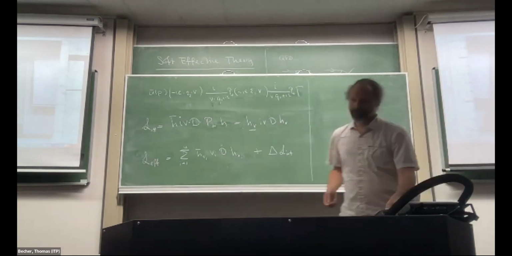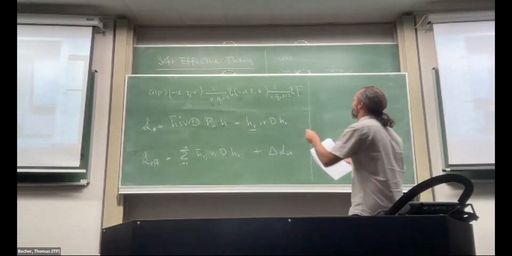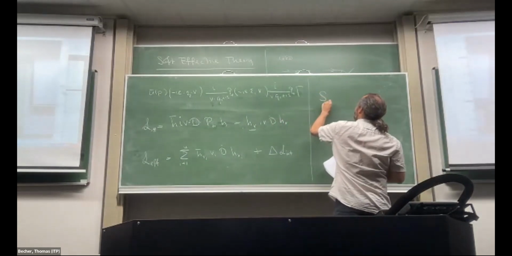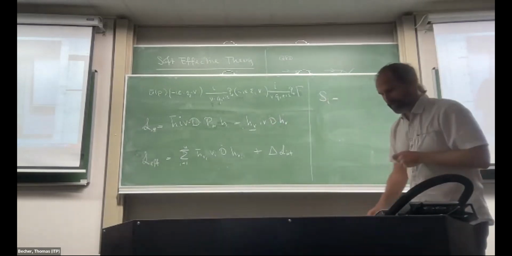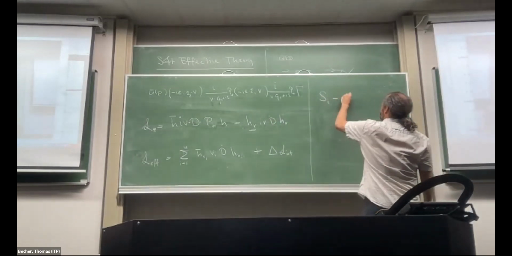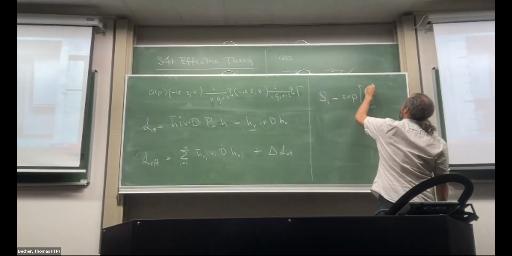And now, we come to the crucial point, I'll introduce the Wilson line out of nowhere. I'll call this the Wilson line S_i. And for the incoming particles, it's an integral from minus infinity to 0.